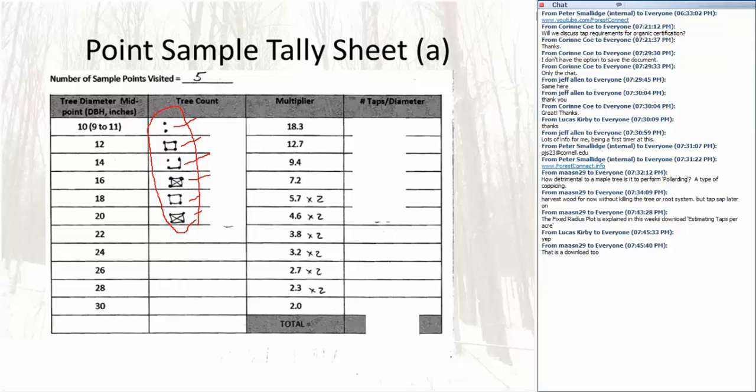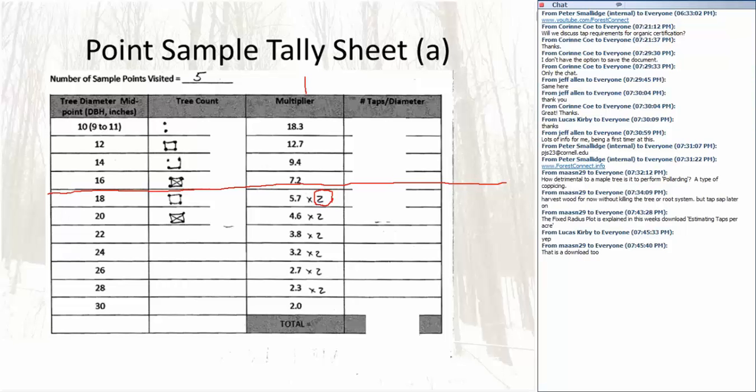Now, remember, once we get above 18 inches, we're going to multiply times 2. So before we had a multiplier that was the same for every tree. That's why we didn't need to know diameter.